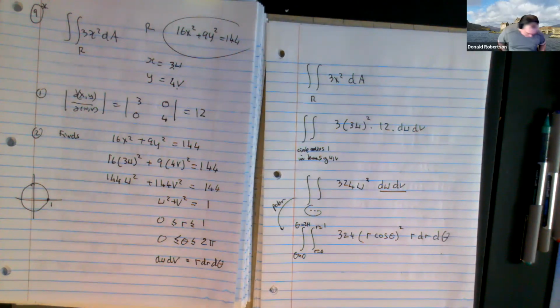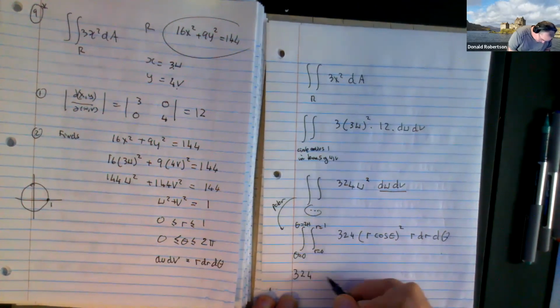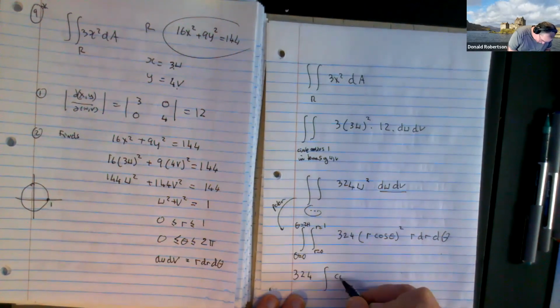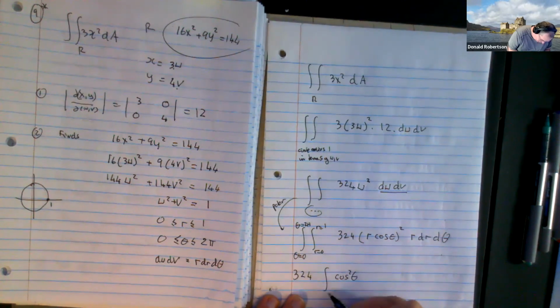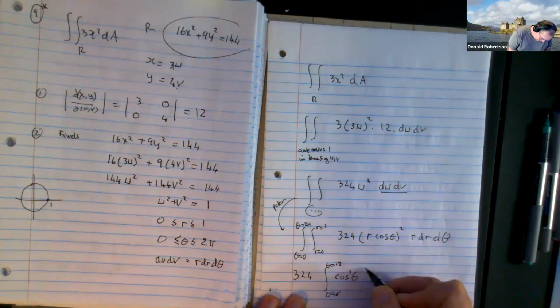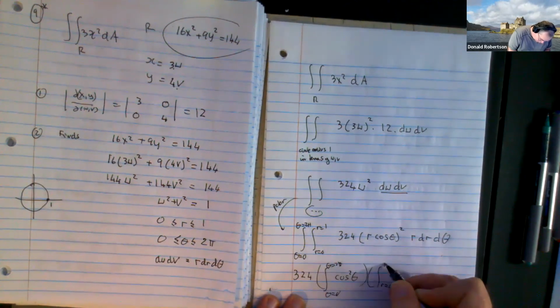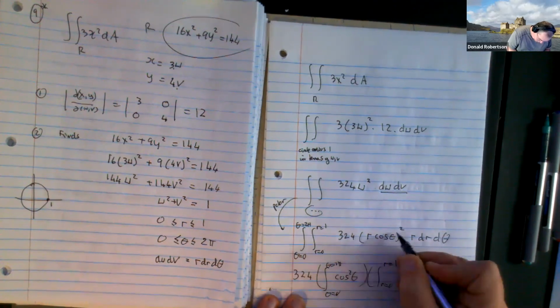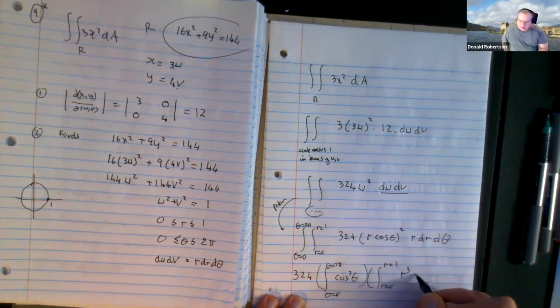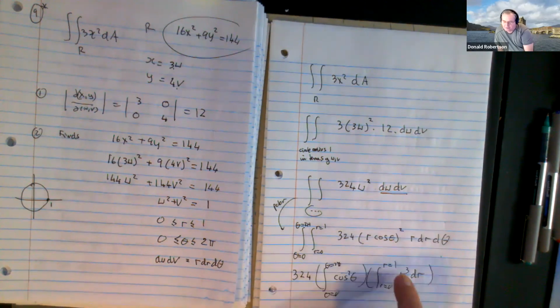Now if I rewrite this a little bit, can't I pull out the 324 and have a cos squared theta from 0 to 2 pi, and then do an r equals 0 to r equals 1 of an r squared times r, or r cubed? So what I did there, because I'm running short of time and space, is separate the variables and pull out that 324.